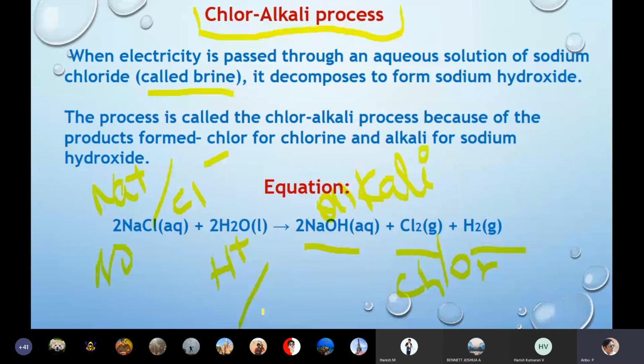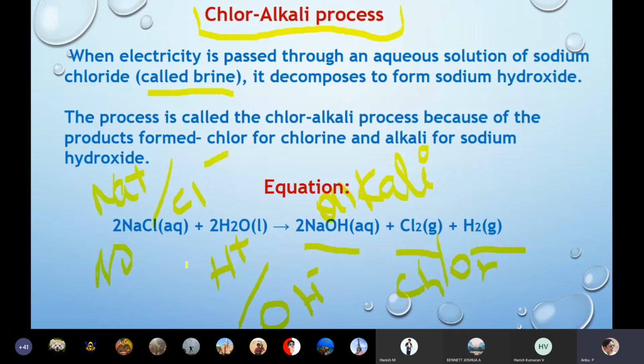In the electrolytic process there will be an anode and a cathode. Anions are negatively charged and are attracted towards the anode, which is positively charged. Cations are positively charged and are attracted towards the cathode, which is negatively charged. So the H plus ions combine with other H plus ions, resulting in the formation of hydrogen gas. And Na plus will combine with OH minus to form NaOH.